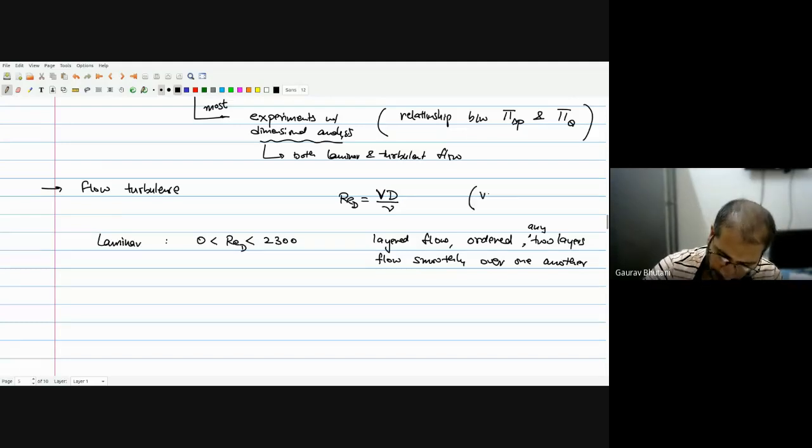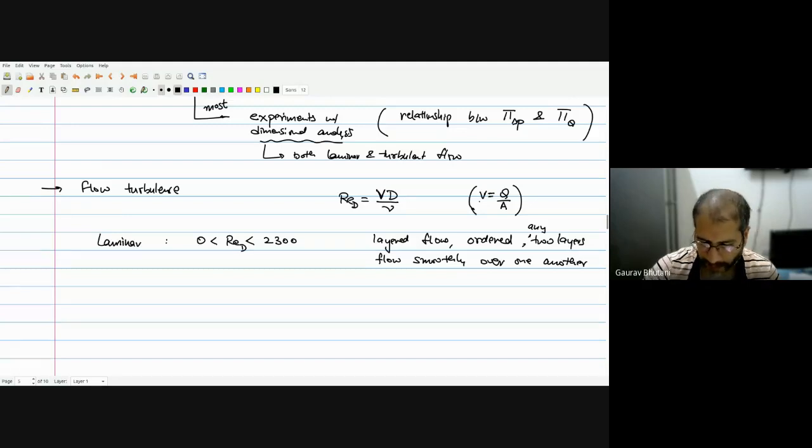So V here is defined as, because along the cross section the flow velocity changes from 0 near the walls to a maximum value at the center, V is defined as the ratio of Q to A. So it's the volume flow rate divided by the area. That's area averaged velocity. So this is how we define Reynolds number here.